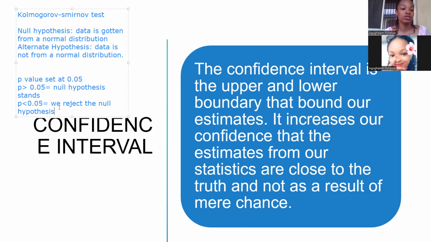So if P is less than 0.05, we reject the null hypothesis, and since we reject the null hypothesis, we conclude that our data is not from a normal distribution. So this is normality testing for you.